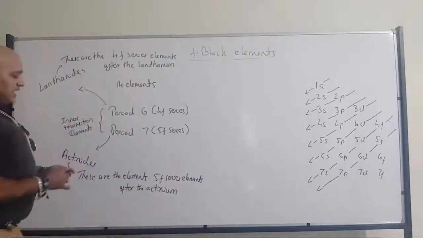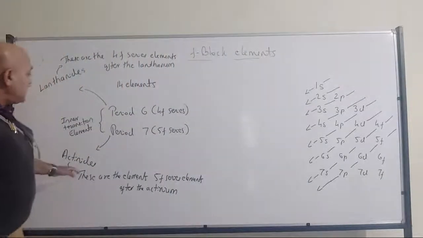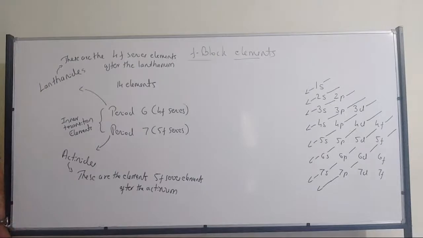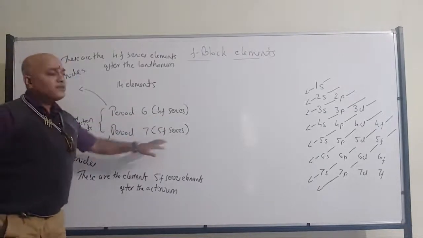So that's where we have the elements. So lanthanides and actinides are the two F block elements. Lanthanides, 4F series; actinides, 5F series.